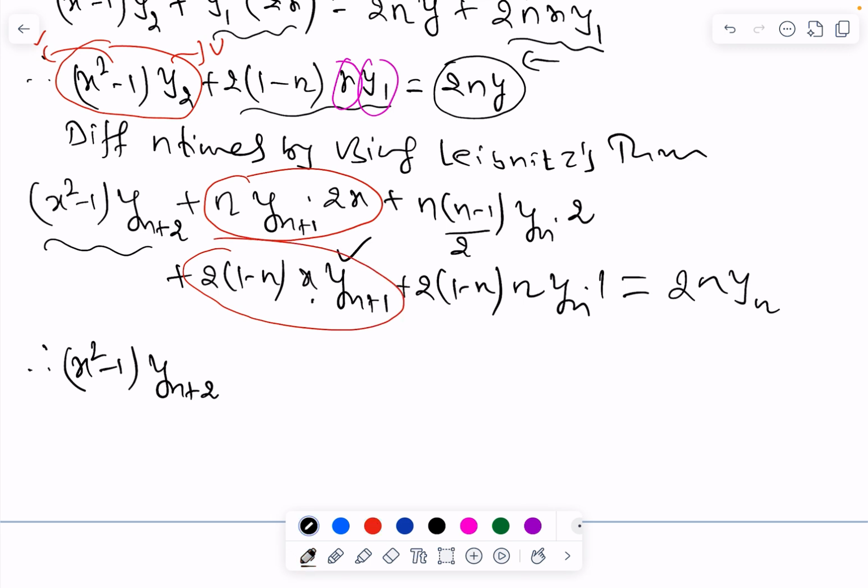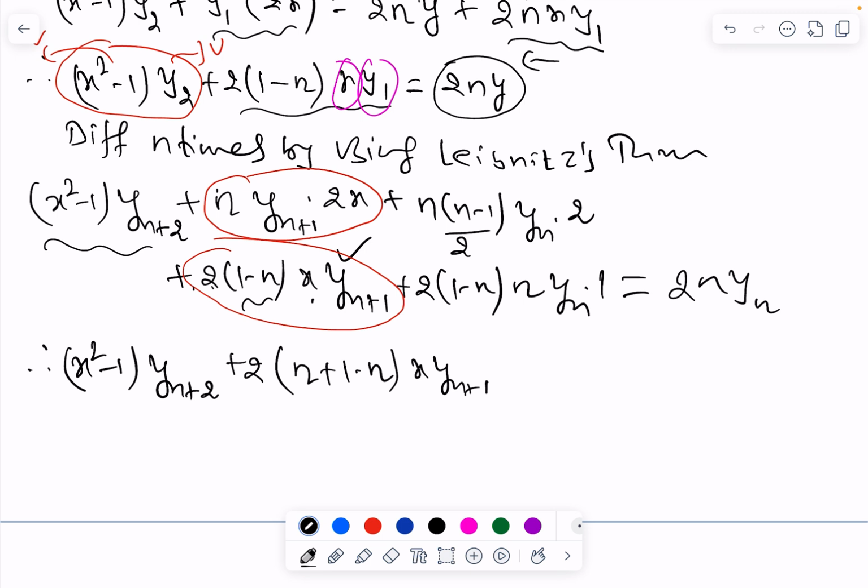Okay, so x y_{n+1}, 2 is also there. So 2x y_{n+1}. Here we have n, and here we have 2x y_{n+1}, so 1 minus n.